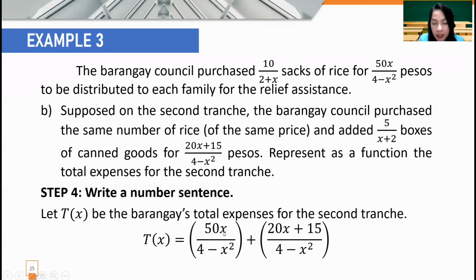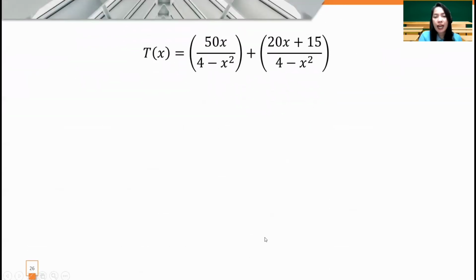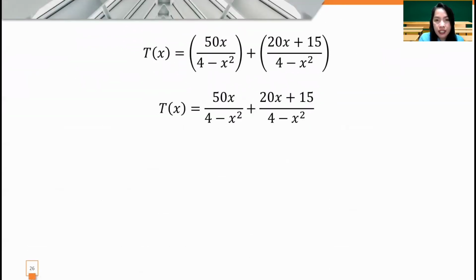For us to simplify this, we have here T of X equals 50x all over 4 minus x squared plus 20x plus 15 all over 4 minus x squared. Pareho lang naman yung denominator ng first and second term. You can combine the terms in the numerator.